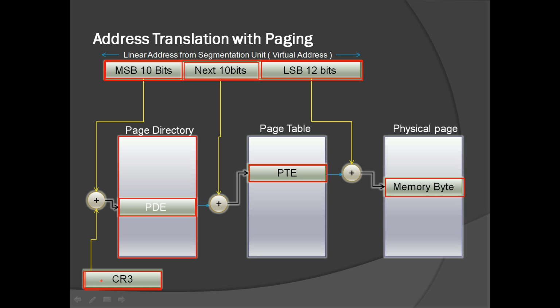Also, at the same time, we are not using the first 12 bits of these addresses. So the first 3 nibbles, if you will, we are not using. So this addition operation is performed with the MSB 20 bits.